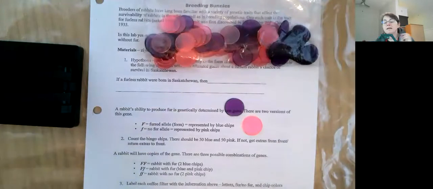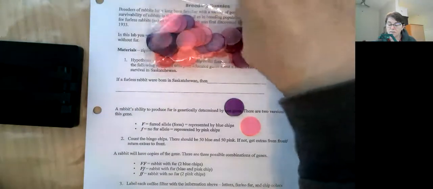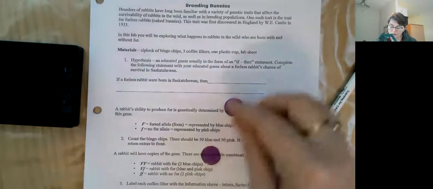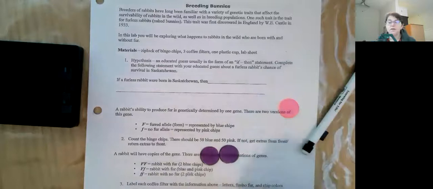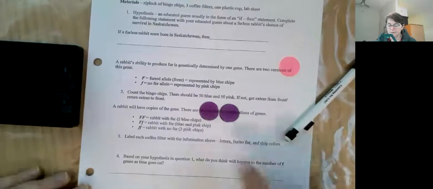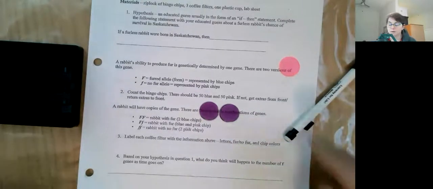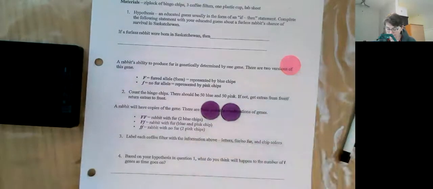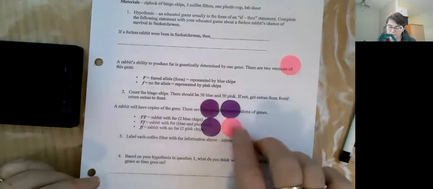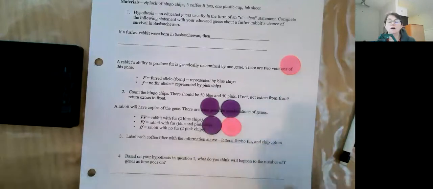Now, a rabbit always has 2 genes for fur. So we only have 3 different combinations. We can have a rabbit with 2 blue chips, and that is going to be a rabbit that has fur. You can have a rabbit that has a blue and a pink chip, and that will also have fur.